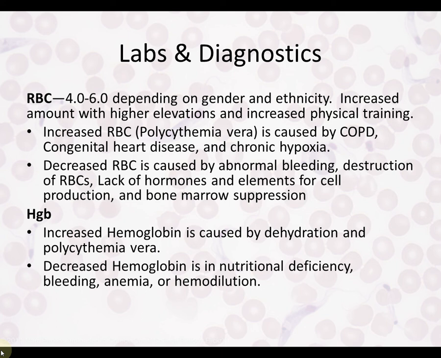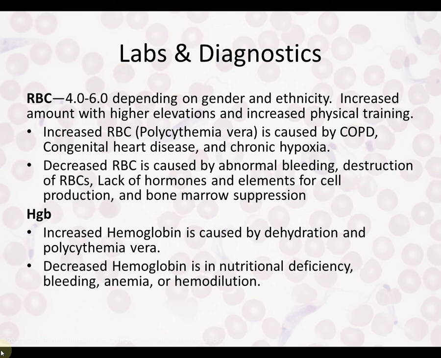The total red blood cell count is reported as red blood cells 4 to 6, depending on your gender and your ethnicity. Increased amount, physiological increases in the red blood cell count occur with living in high altitude and after increased physical training as a response to increased need for oxygen.